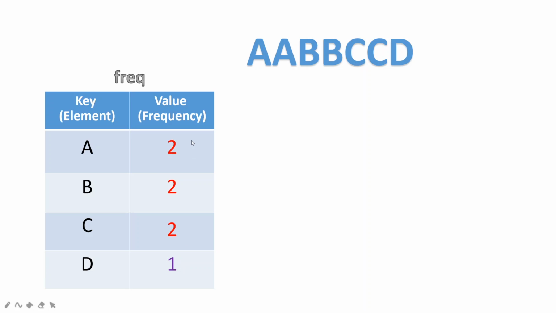So the problem is we have to iterate through the entire hash map and make sure we observe how many different types of frequencies are present. Had this B been 3 times, it would fall into a different category. So we need to take care of that. That's why we need to iterate through the entire hash map.